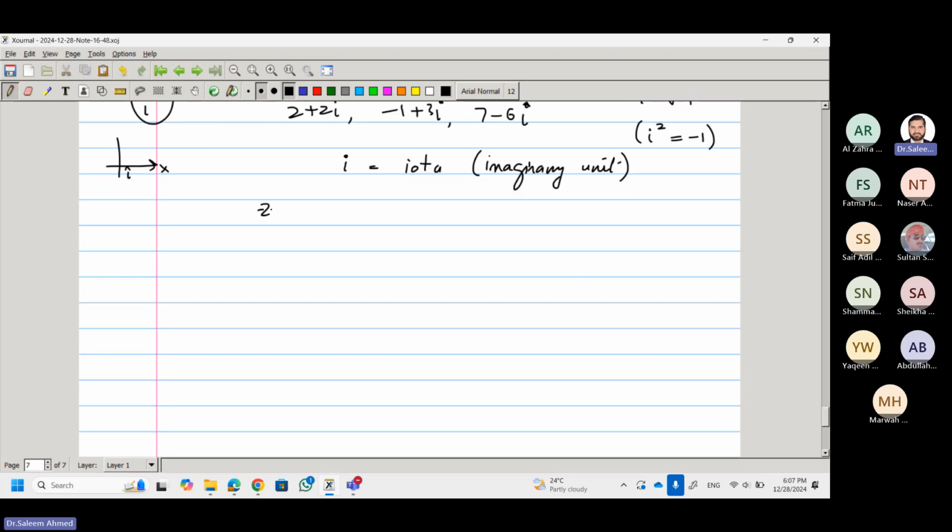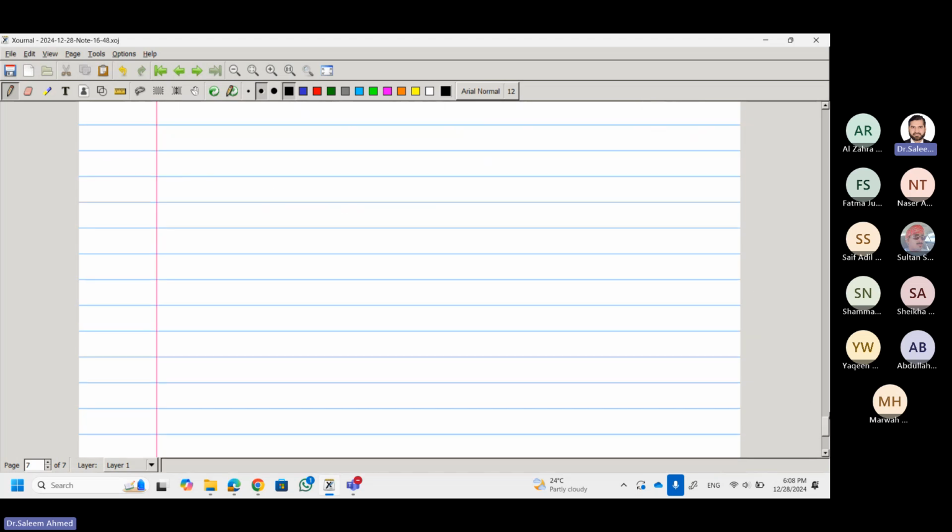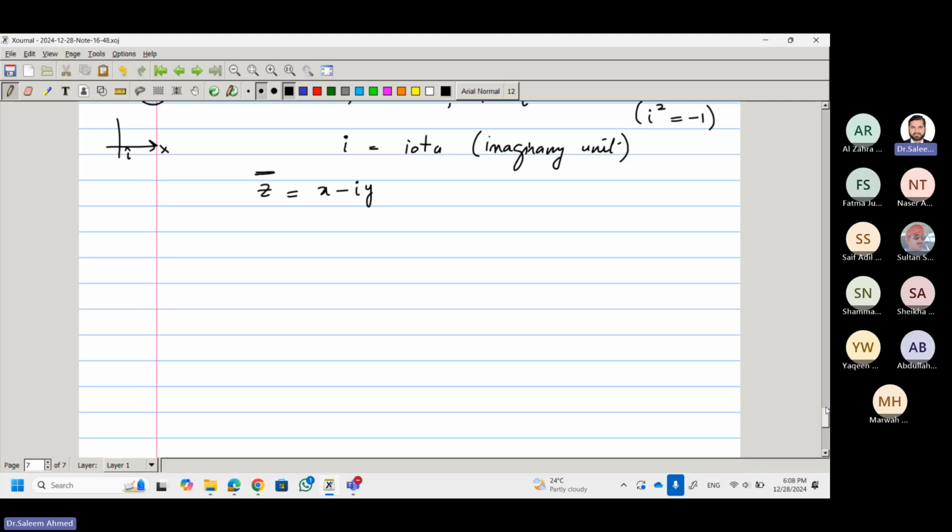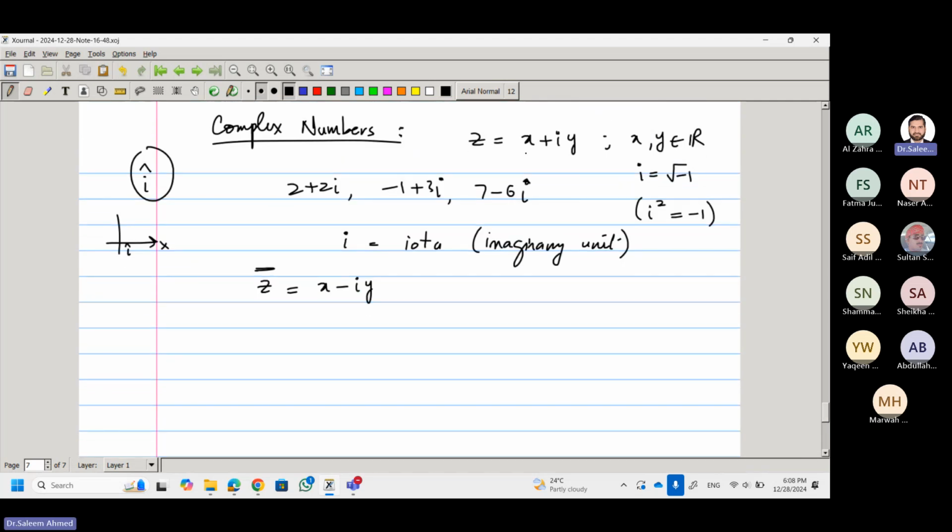So if z is that, z conjugate is x minus iota y. If you just change the sign of iota, it becomes the conjugate. Iota becomes minus iota, it is called the conjugate of z. Then we have the modulus of z. Modulus, z mod, is the square root of x square plus y square.